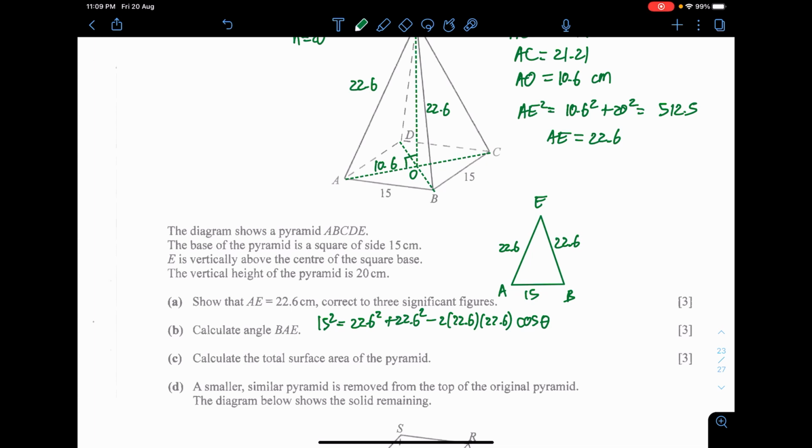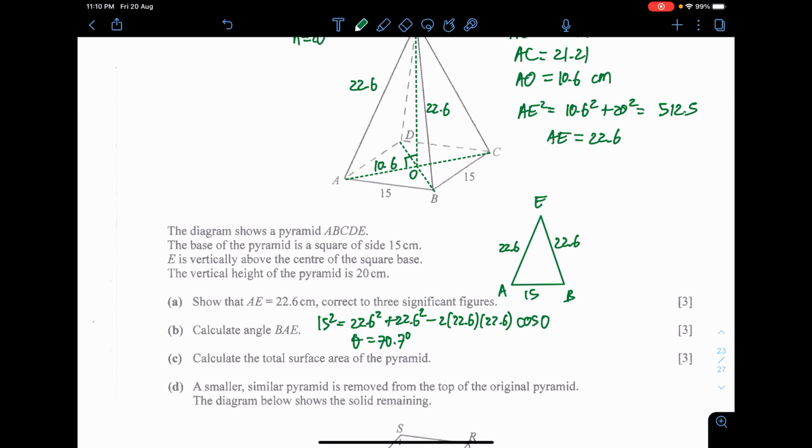Fast forward, you're going to get 70.7 degrees. Optionally, you also can use SOH CAH TOA. You make a right angle triangle using the triangle EAB, connecting to the center of AB. Then you can say that half of it is 7.5 on the base. Then you just do SOH CAH TOA. I think that is actually faster and easier.